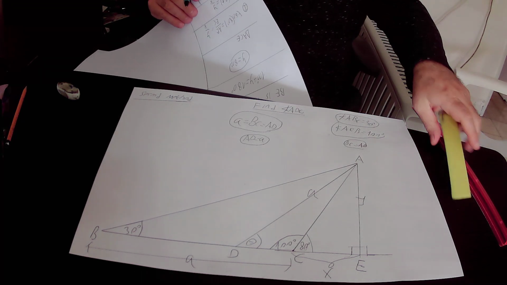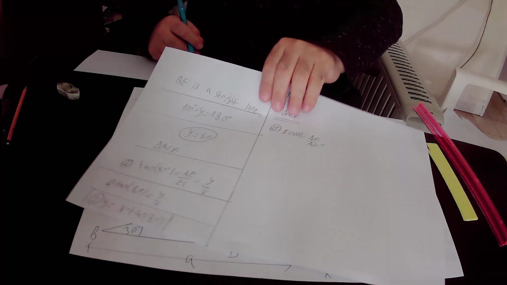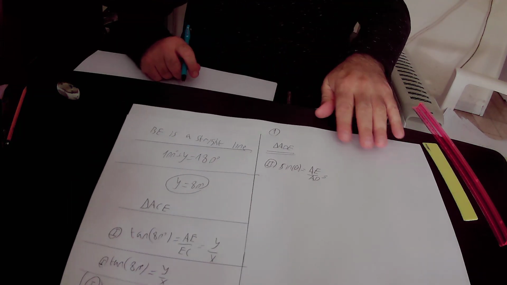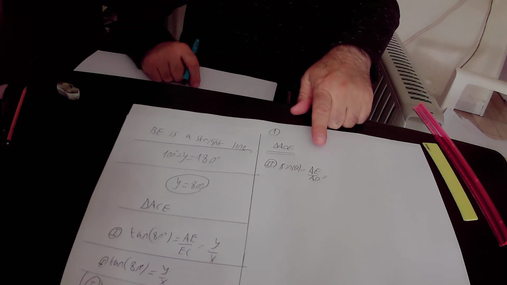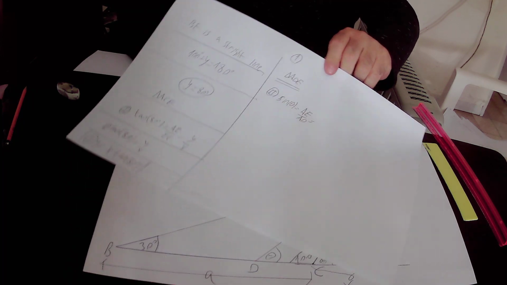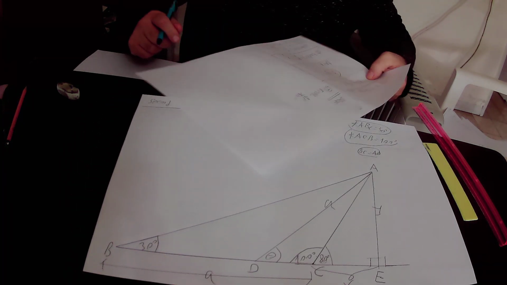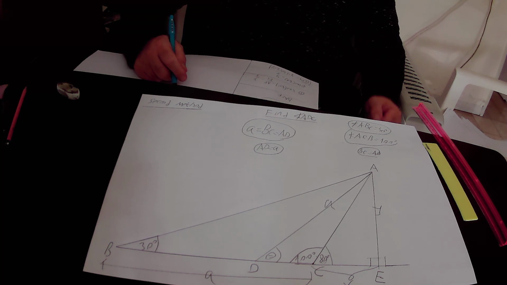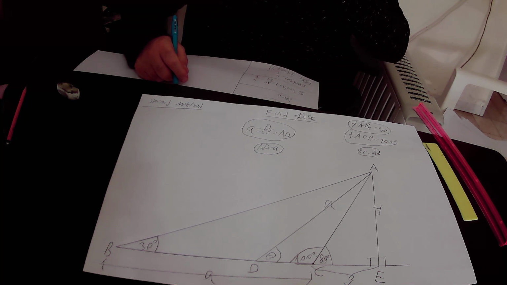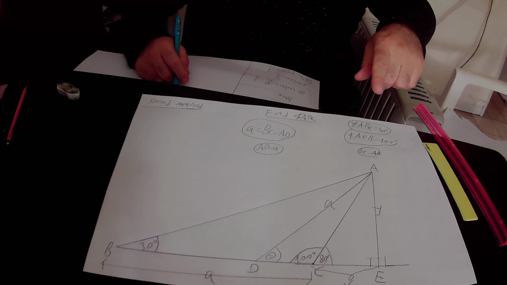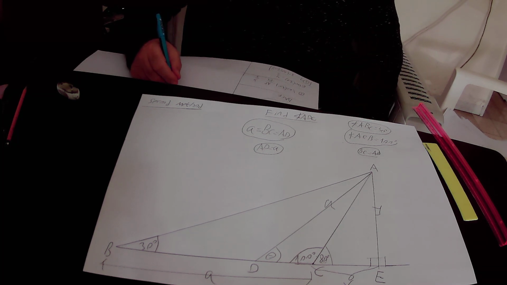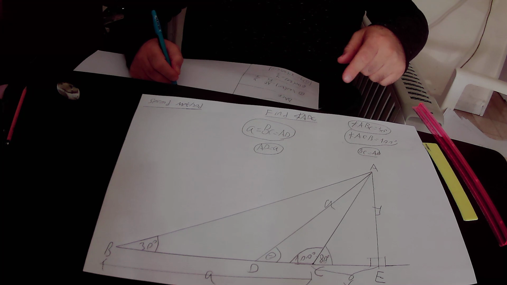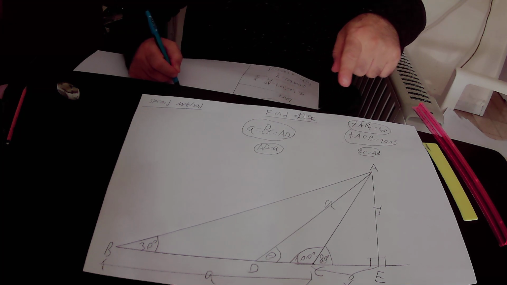I repeat again, in the right triangle ADE, we will get that sinus theta equals AE over AD. Here AE equals y according to our definition, and AD also equals a according to our definition.